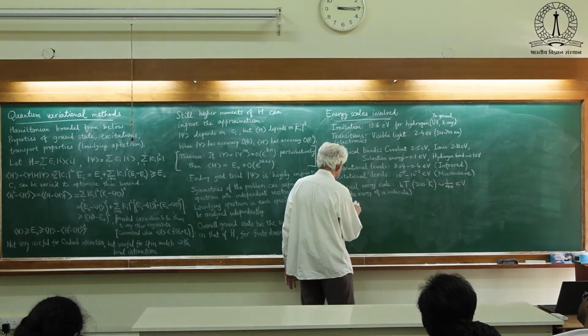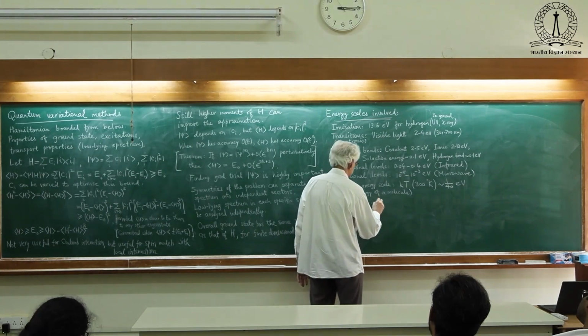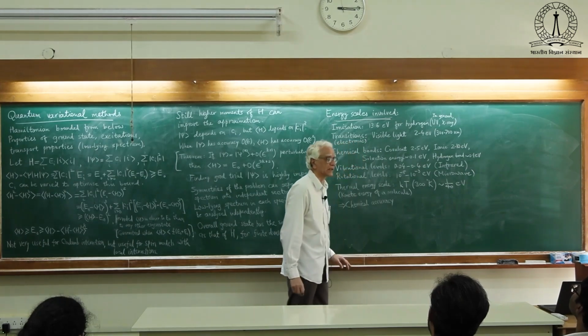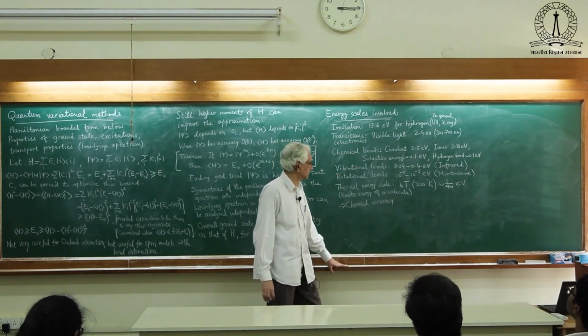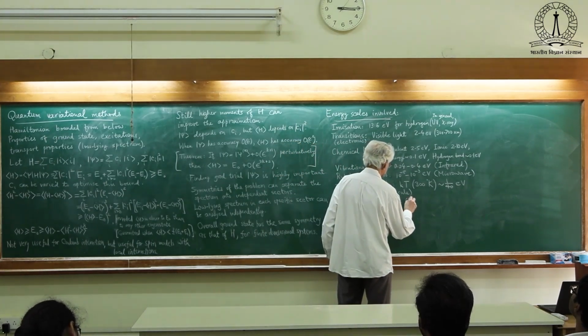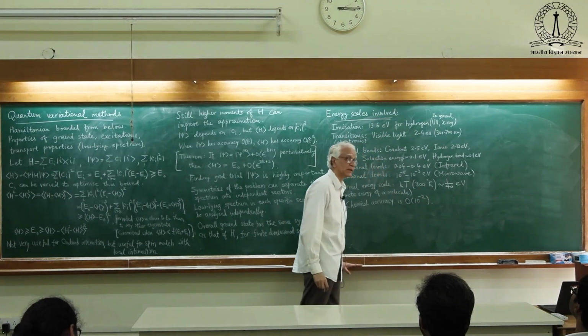So there is something which is called chemical accuracy, how accurately you want to determine something. It's only like 1 part in 100.